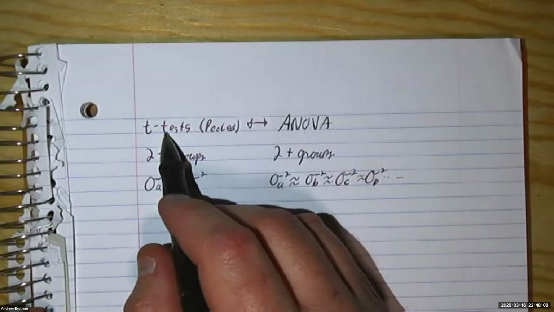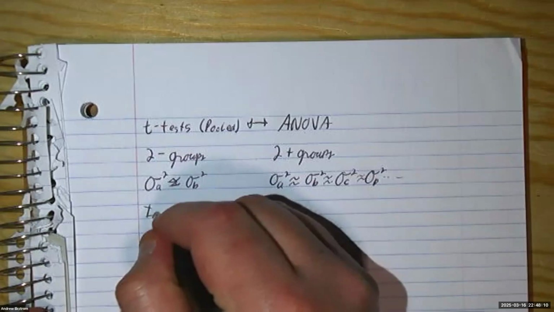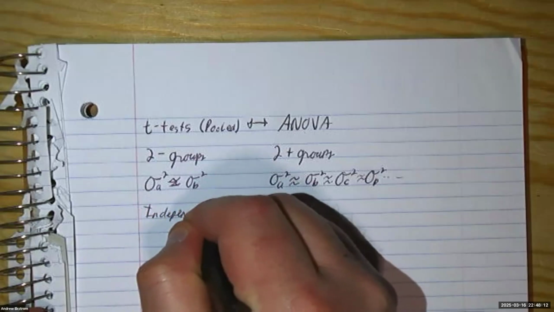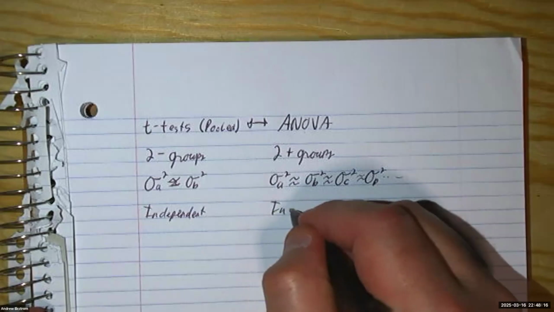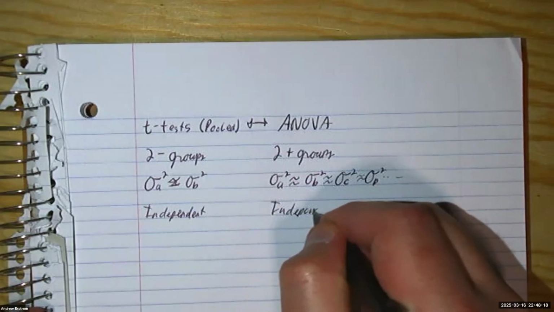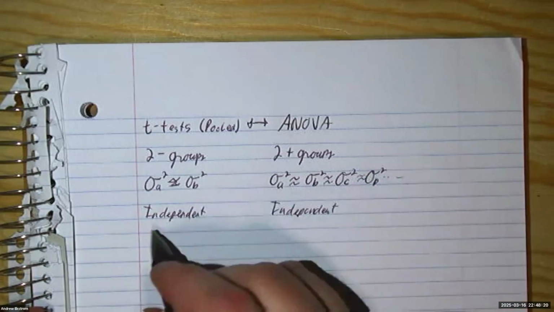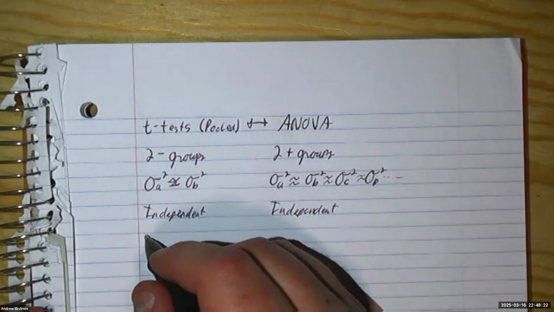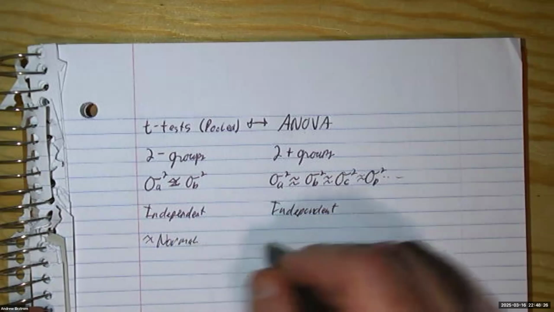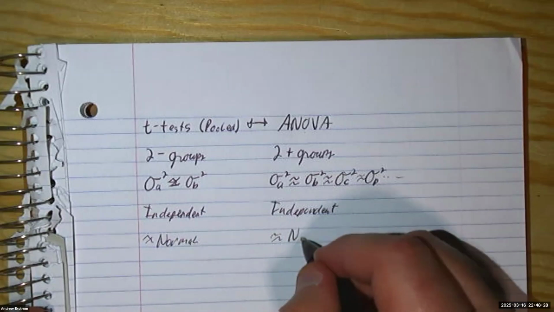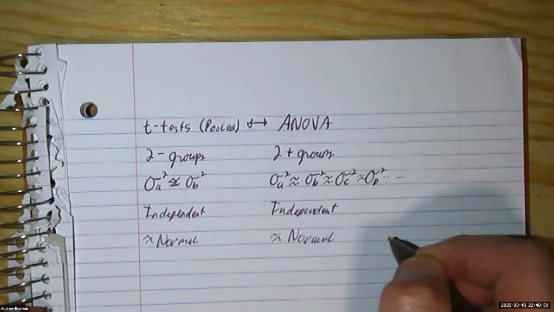The samples that we use in a t-test have to be independent. Samples over here also have to be independent. Samples over here are approximately normal. Samples over here are also approximately normal.